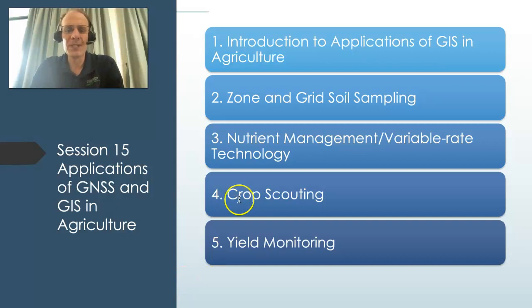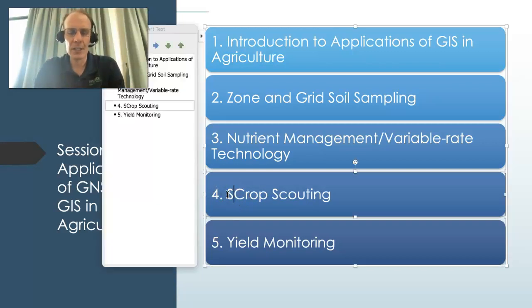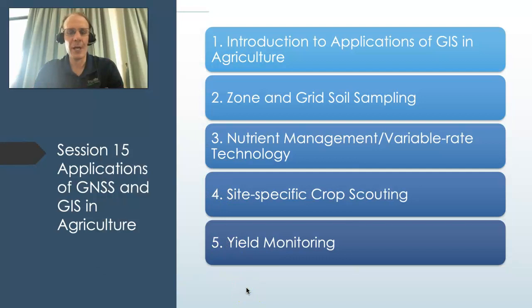We'll also talk about crop scouting, which I like to call site-specific crop scouting, because we're using a GPS or a GNSS out in the field identifying pest pressures, disease pressure, insects, irrigation problems, and nutrient problems, with a device that also has GNSS, so we can identify the specific areas in the field that have the problems.